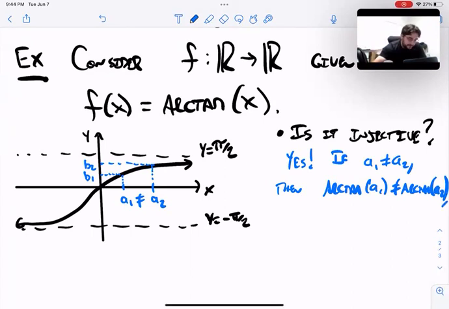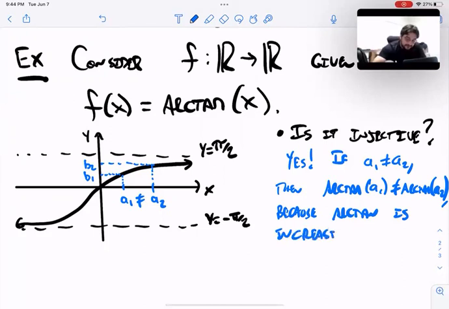Why? Well, a nice way to see this is that arctan is strictly increasing. Anytime you go to a new input, the output is automatically bigger than all previous outputs.